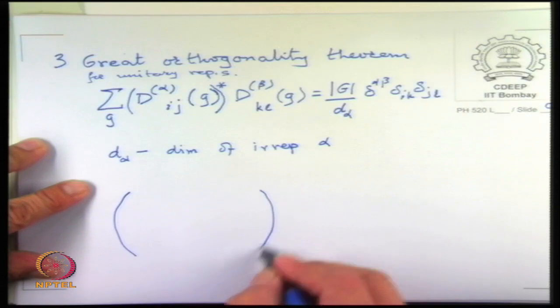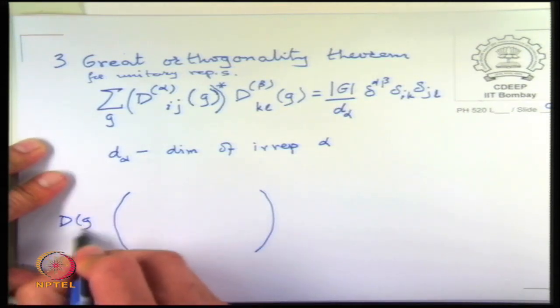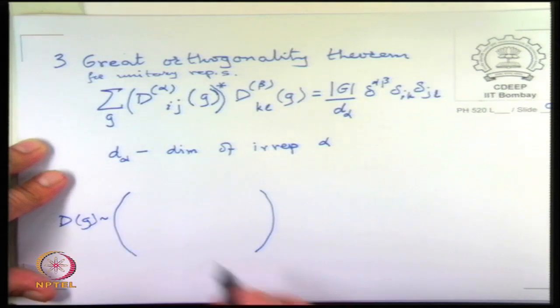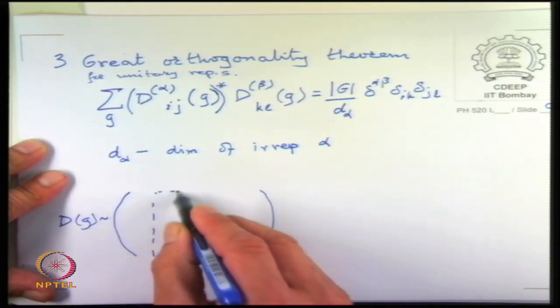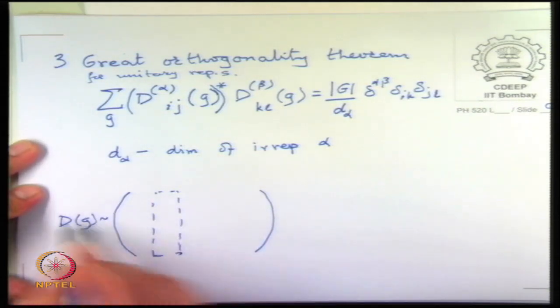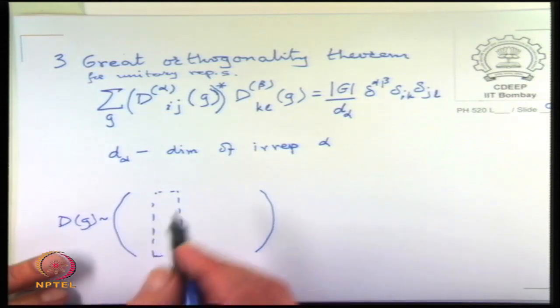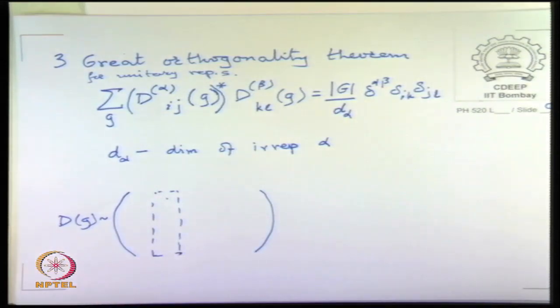So, it is some statement of this kind, that if I have a D of some G which is looking like this, then it is a statement about the column vectors and row vectors in this when I sum over all G and multiply the corresponding elements. Okay. So, that is what it is.